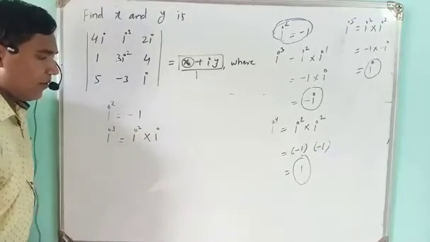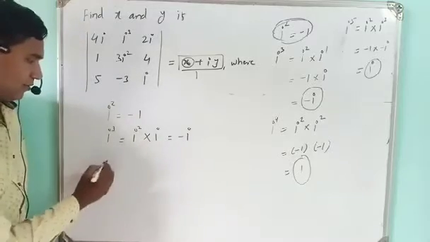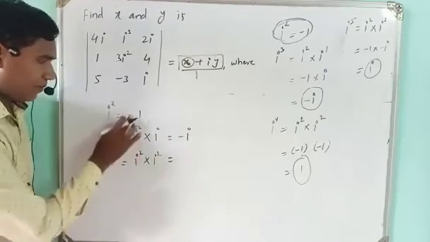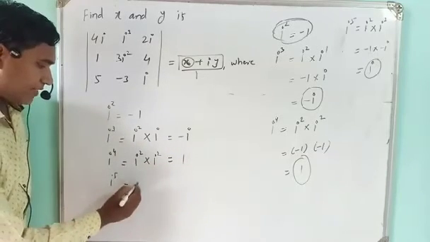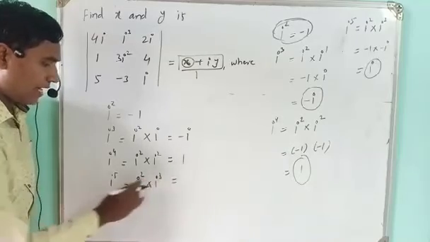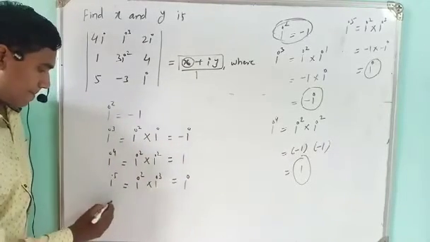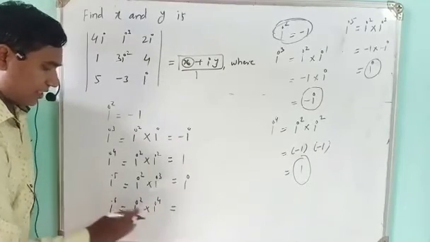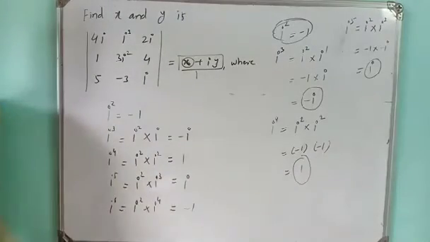I square into I. तो I square मतलब minus 1 into I, minus I. I raised to 4, I square मतलब minus 1 plus 1. I raised to 5, I square I cube. I square कितना है? minus 1, I cube minus I, it becomes plus I. I raised to 6 minus 1 और I raised to 4 plus 1 minus 1. क्या important है मालूम है इसमें?